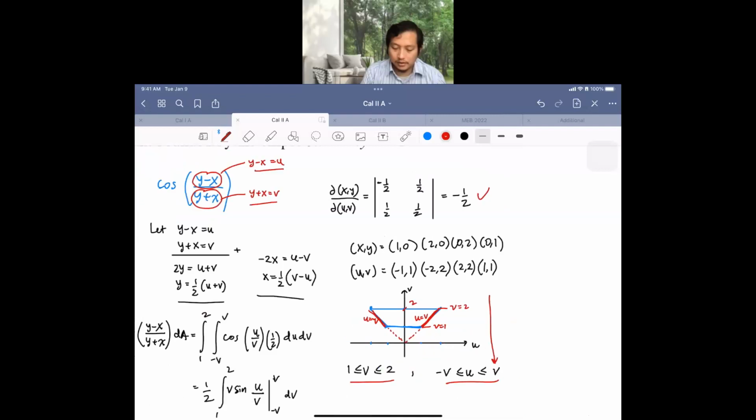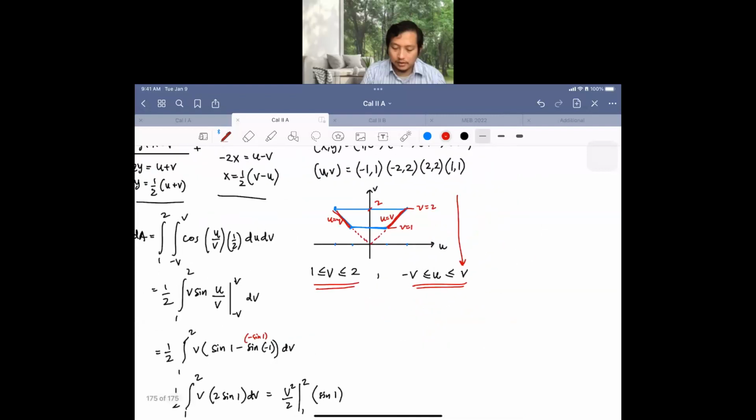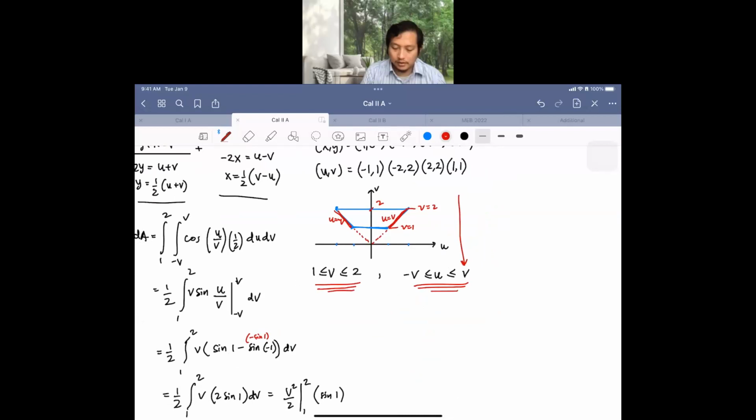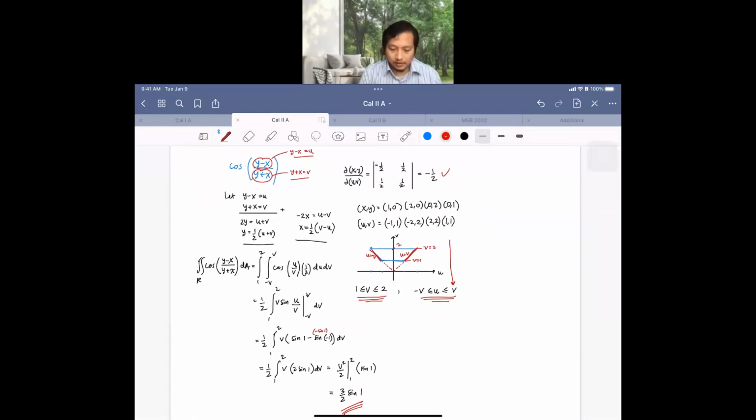But for setting up the integrals for the double integral, I think you need to be careful on this part. Okay, that's the one example.